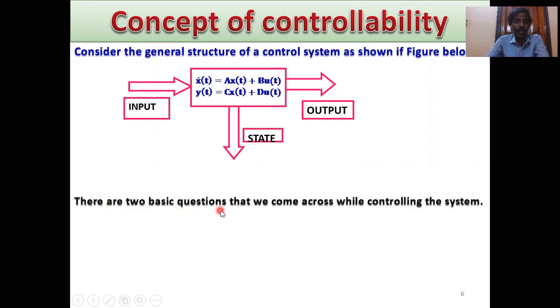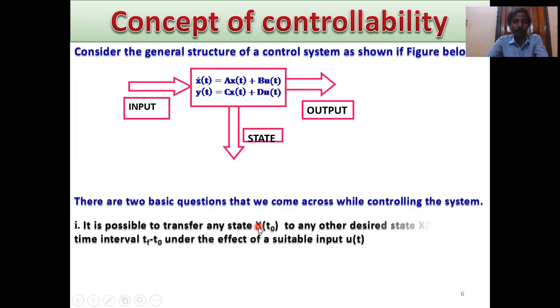There are two basic questions that we come across while controlling the system. This is condition 1. Is it possible to transfer any state x of t0 to any other desired state x of tf in a finite time interval tf minus t0 under the effect of a suitable input u of t?